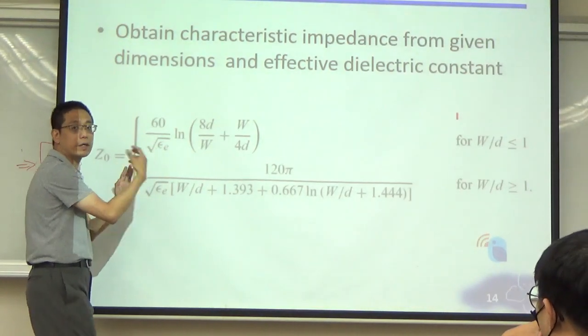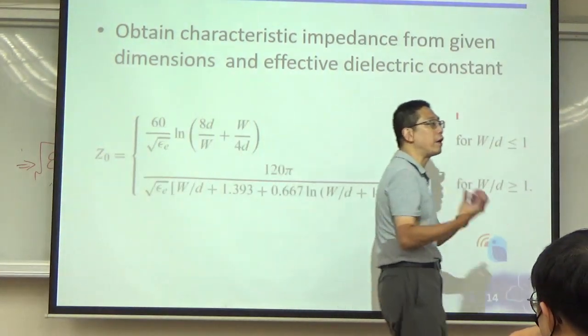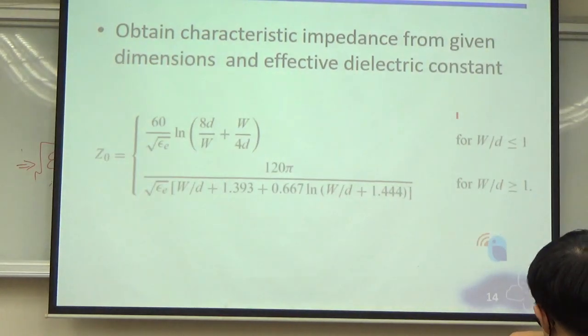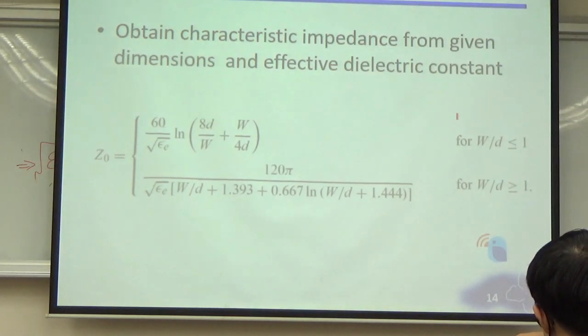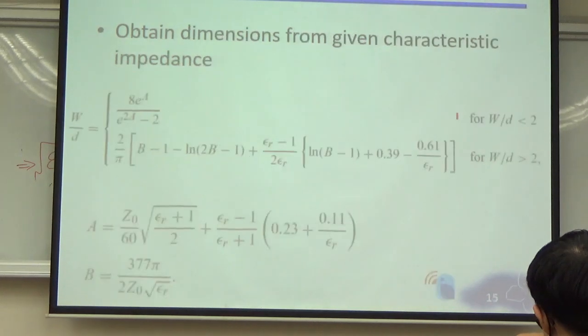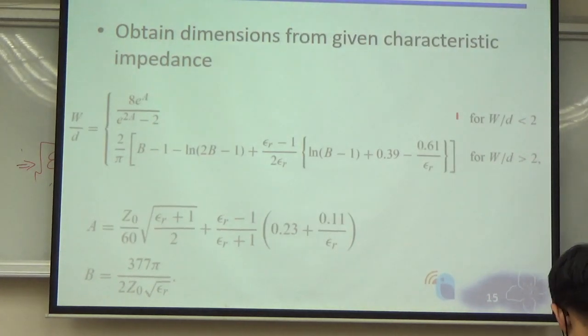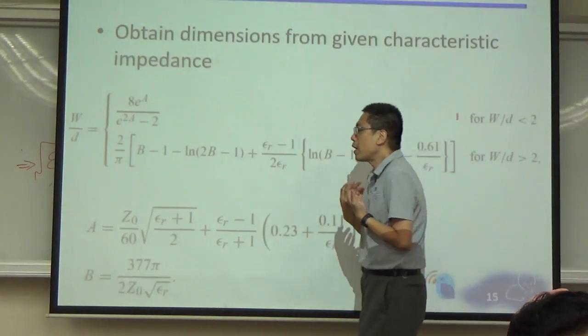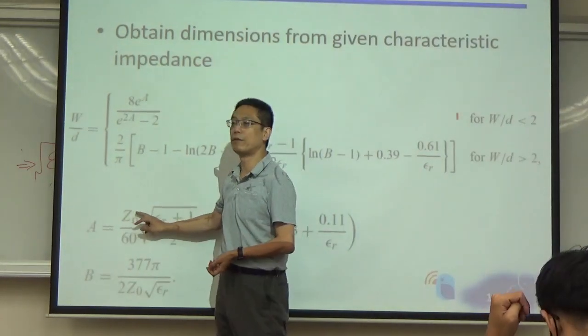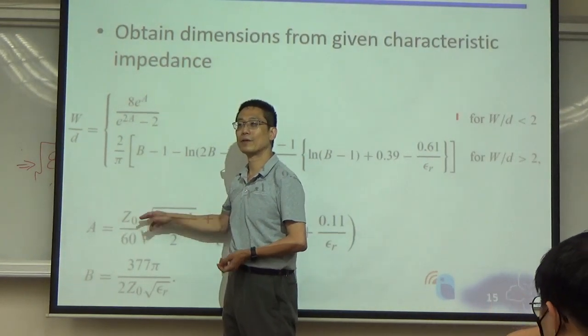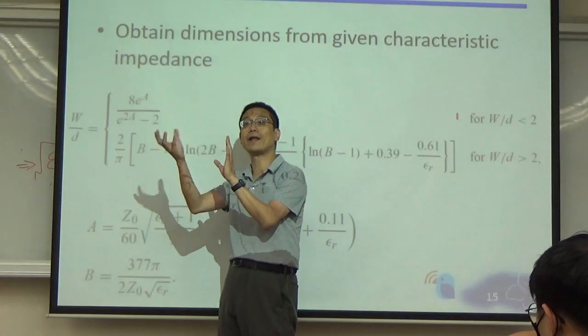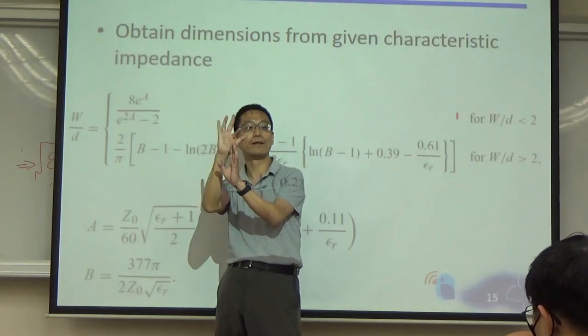You can also get a reverse equation by a numerical method. What is the reverse equation? It is like asking, how can we obtain 75 ohm? The question and the answer are upside down.